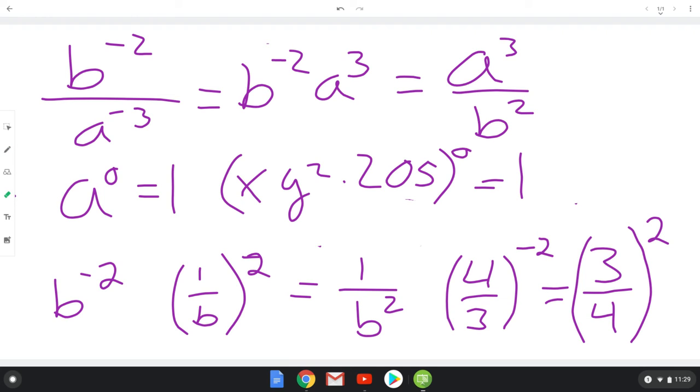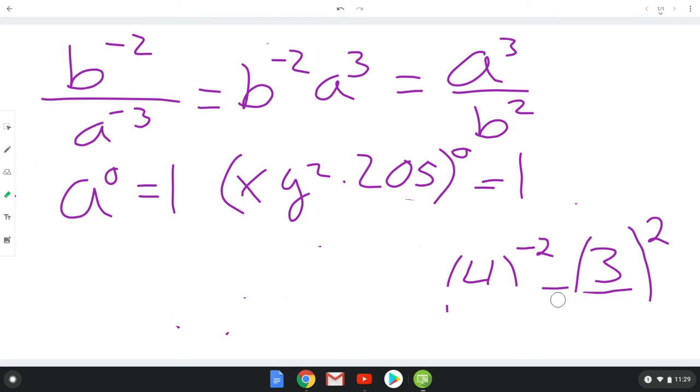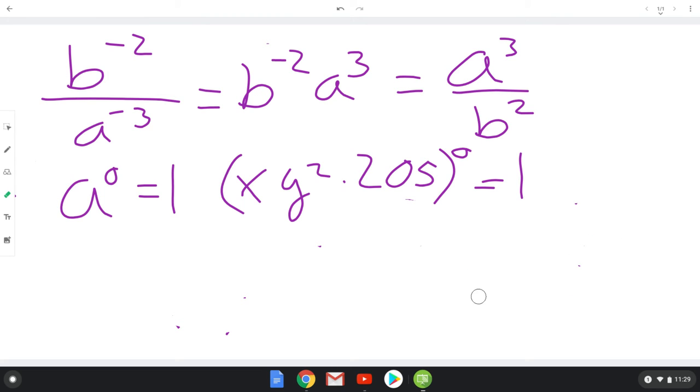And along with that, if I have 1 to any power, so I'm just going to write m, because it could be literally anything there, that's still 1, because 1 times 1 is 1, times 1 is 1, right?